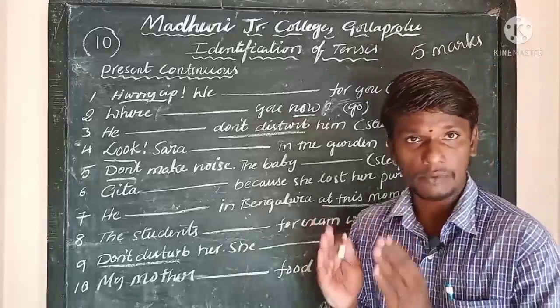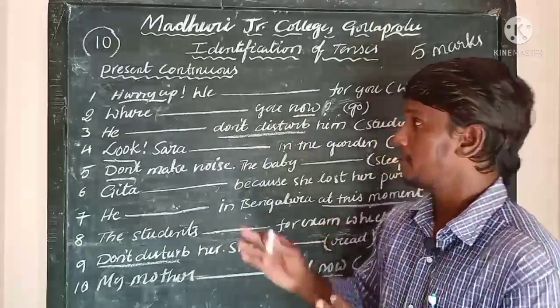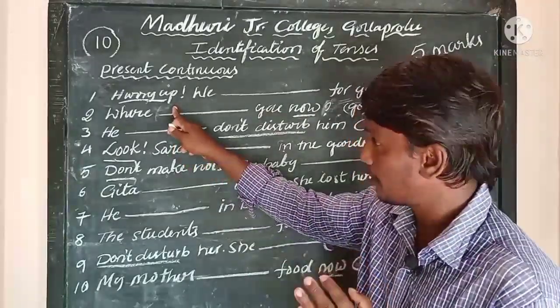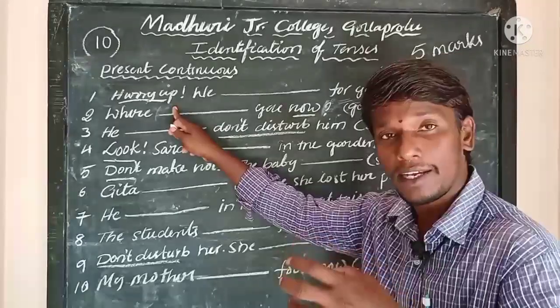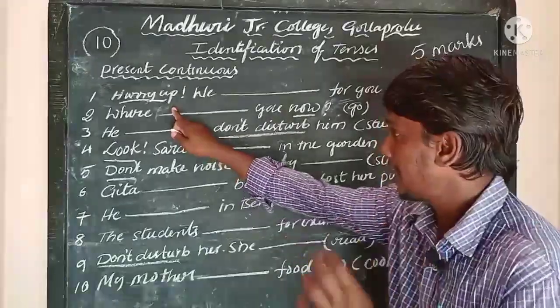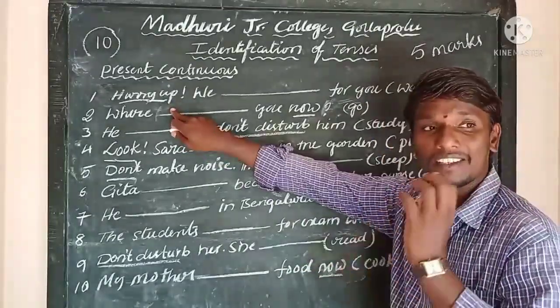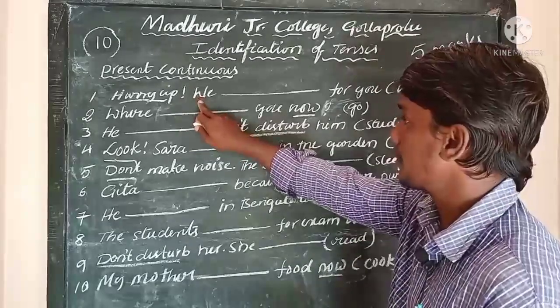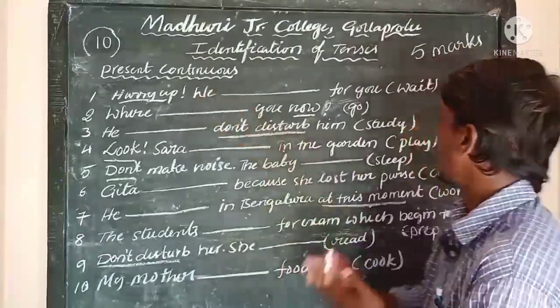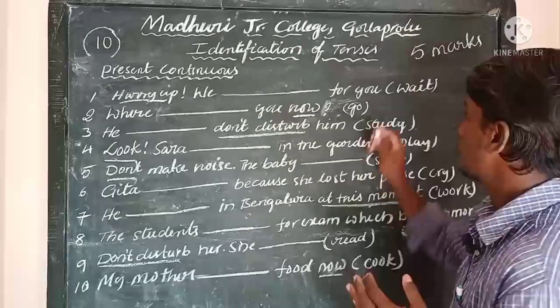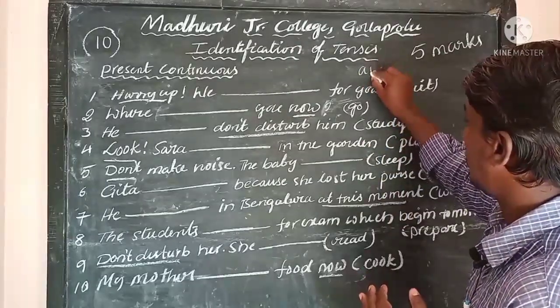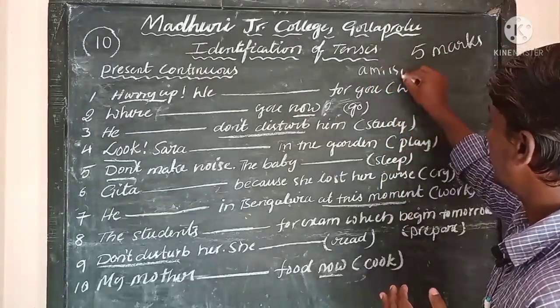So I think you have the structure in your mind. See, first, hurry up. That means the action is going on right now, at the time of speaking. Hurry up. So what is the subject here? We is the subject. Now what be forms do we need to think of? The be forms in present tense are am, is, are.